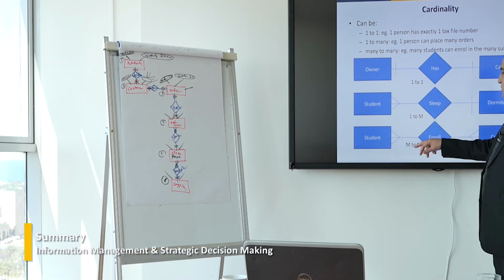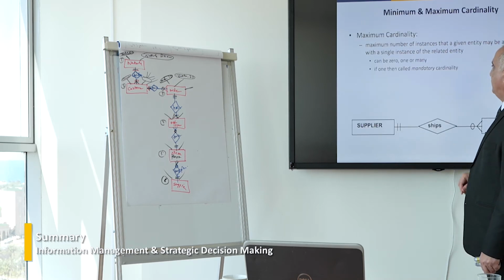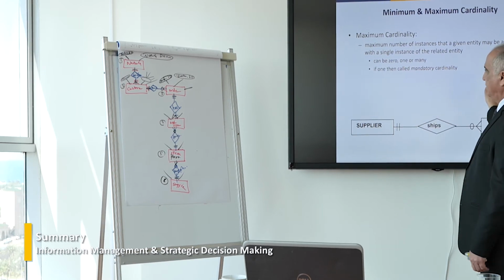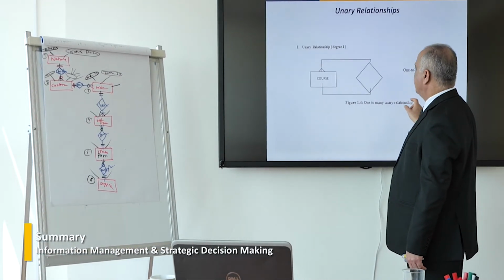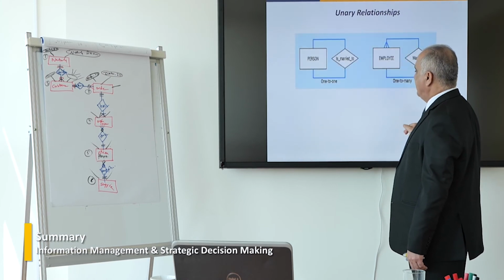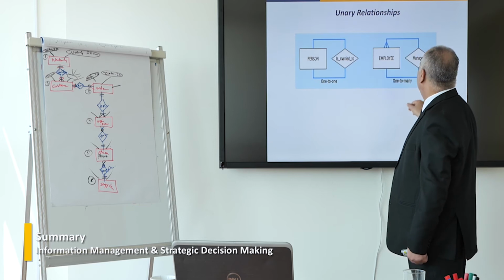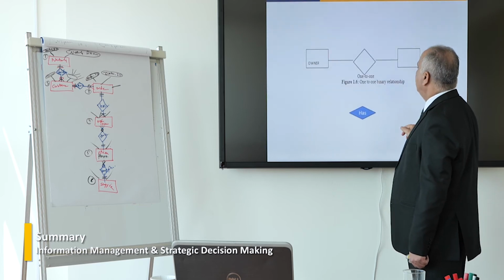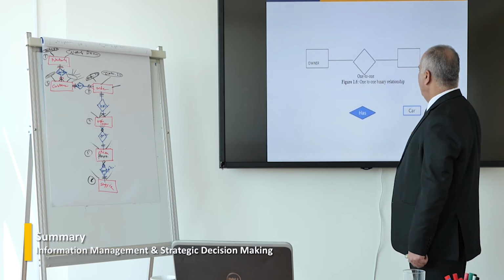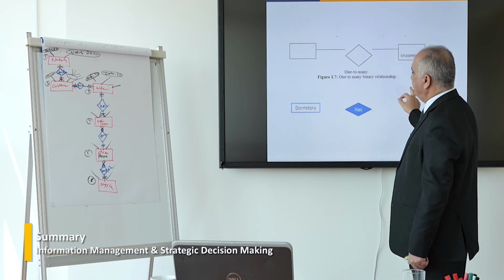So in the many-to-many, we do what we call a bridging. We discussed the cardinality in detail, and we said what is cardinality. We discussed the unary, prerequisite, manager, employee, okay, and basically we also discussed all of these.